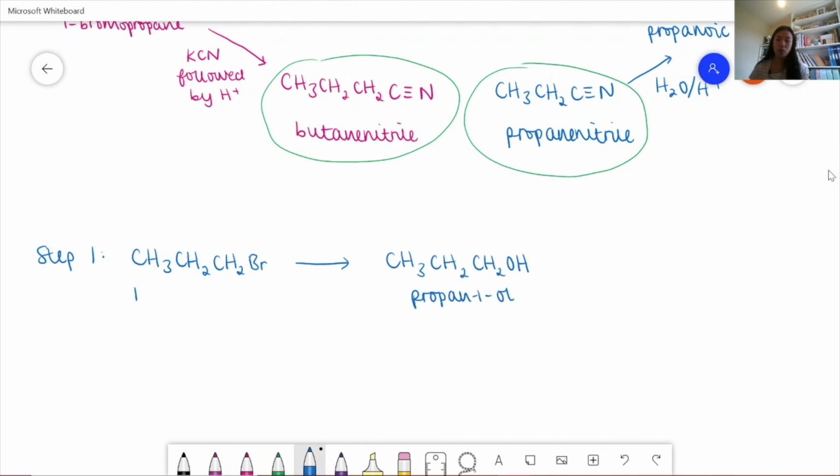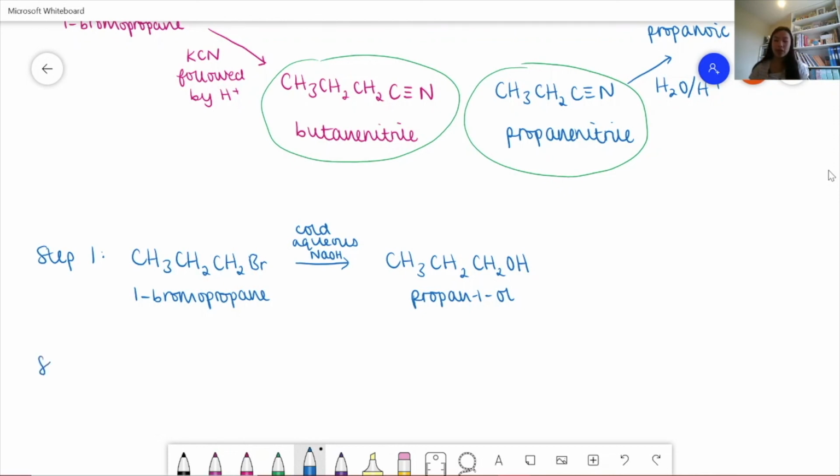And what we've done there is we've added cold, aqueous sodium hydroxide. So we always write down the reagent and not the nucleophile. So we don't write OH minus, we write NaOH, which is the reagent.